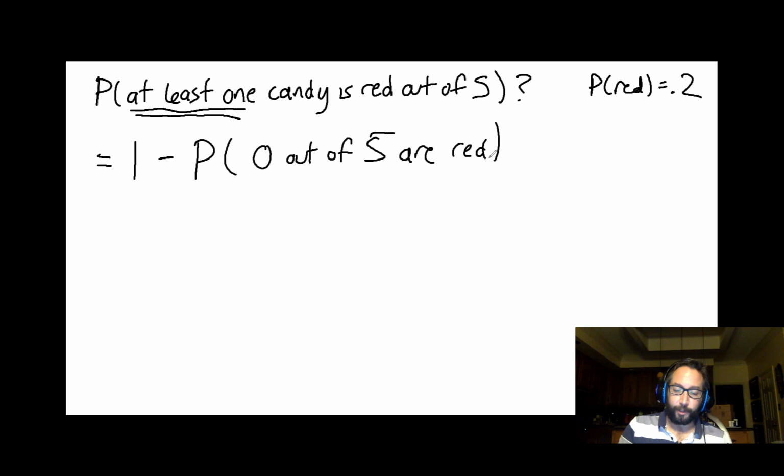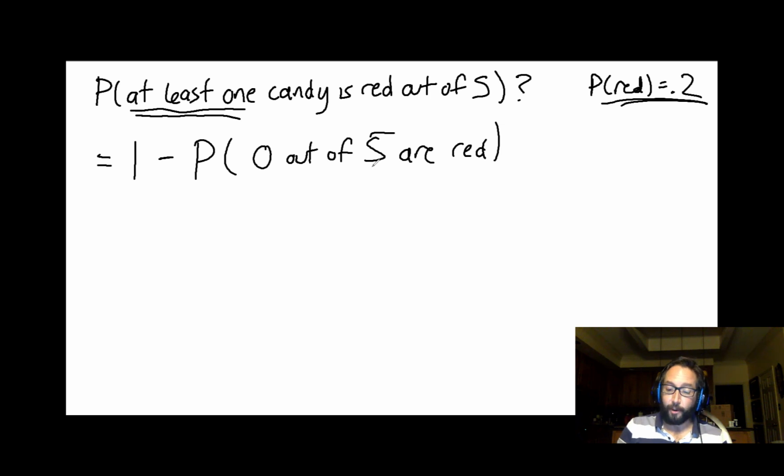If on the homework I throw a problem at you asking what's the probability that at least one of these things will happen, it's very typically easier to do the complement of that event. The opposite of at least 1 is exactly 0, and that makes it easy for us. All right, so for these red M&Ms, what do we know about them? Well, we know any particular M&M we draw out of the bag has a 20% chance of being red.